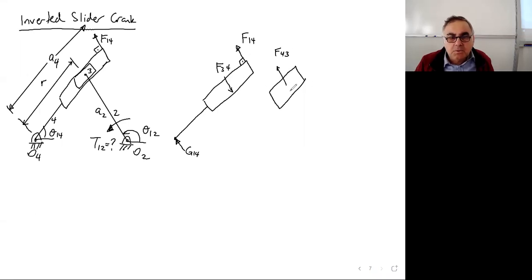But there is also the force exerted by link 2 on 3, which is F23, I suppose. But what is F23? It has to be like this because there are no other forces. It's a two-force member, F23. We understand? This is link 3, this is link 4. And then there is the link 2.